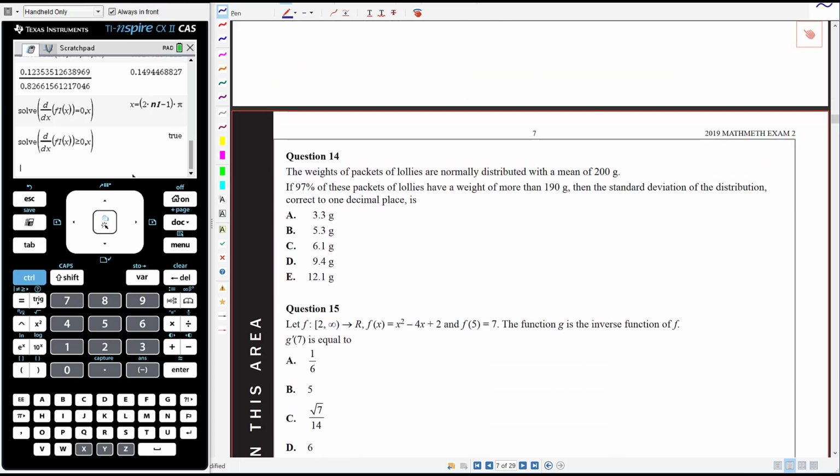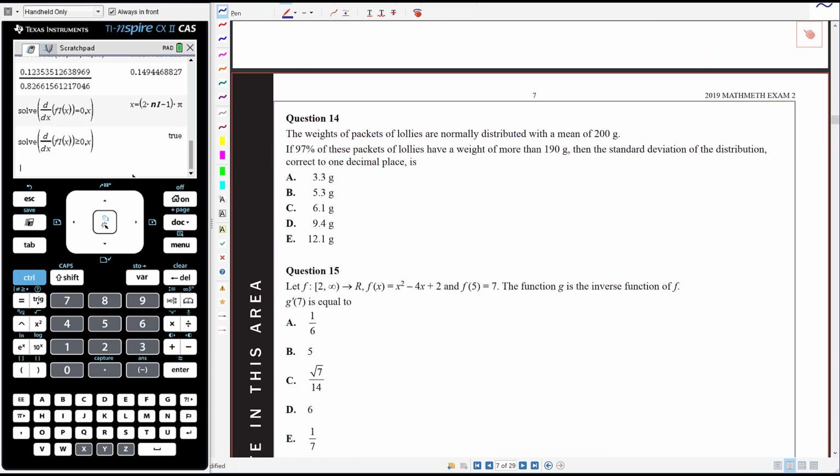Okay, question 14. The weights of packets of lollies are normally distributed with a mean of 200 grams. If 97% of these packets of lollies have a weight more than 190 grams, then the standard deviation of the distribution correct to one decimal place is. Okay, so W is the weight in grams.